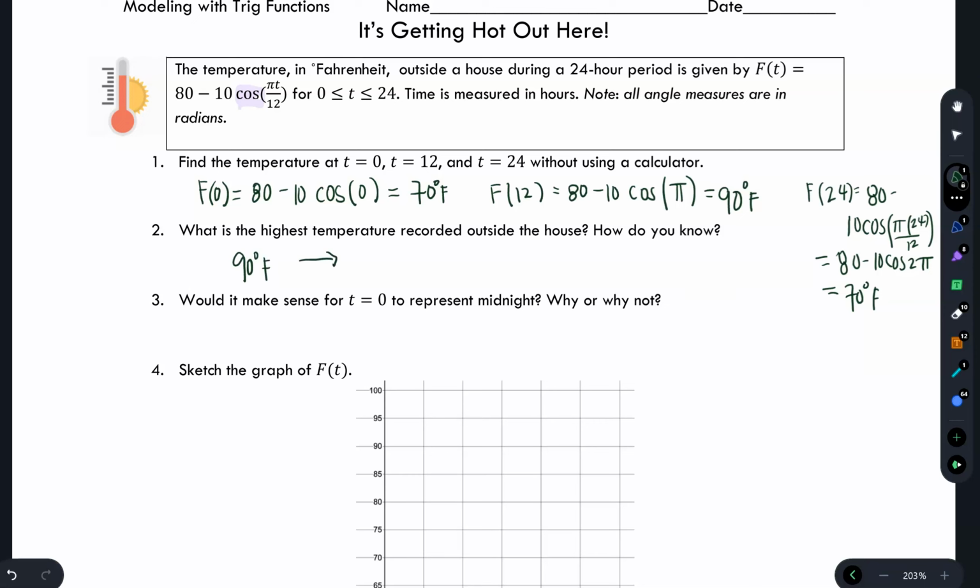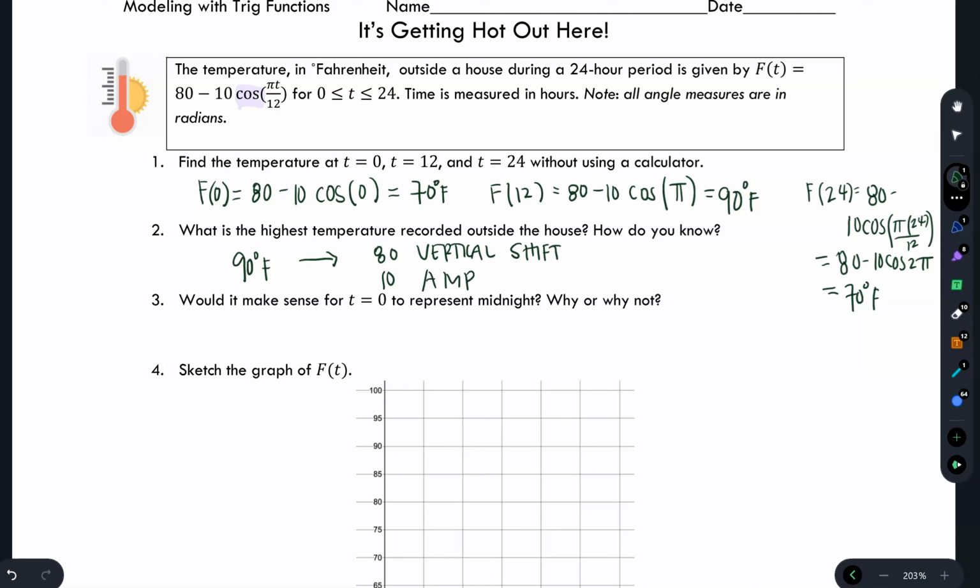And how I know is my 80 is my what? Vertical shift. And then 10 right there is an amplitude, right? So 10 is that amplitude. So it's going to stretch it.